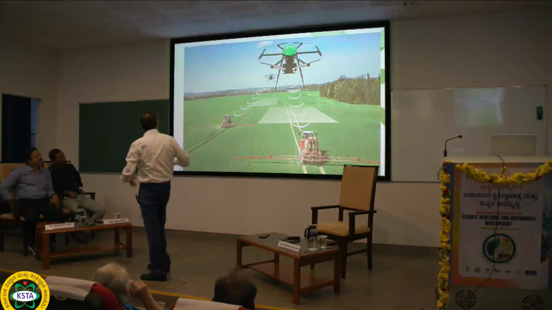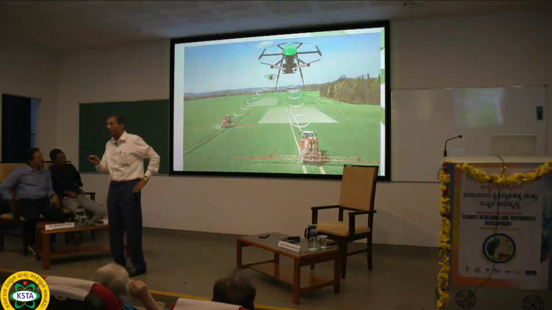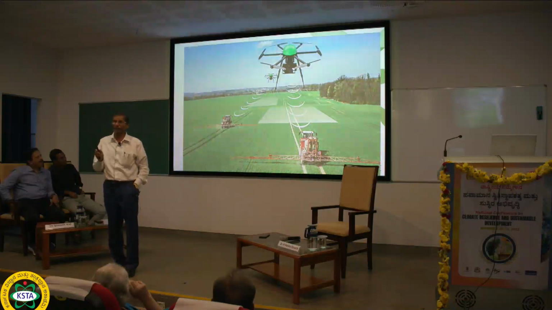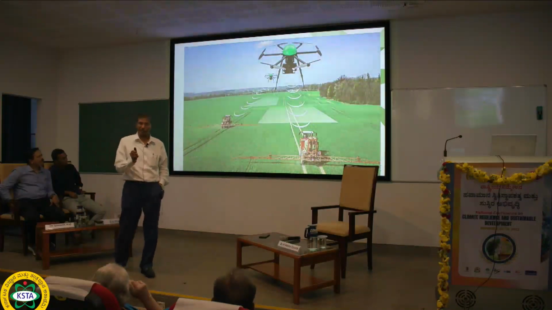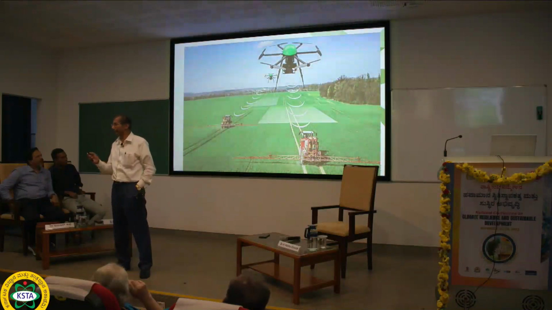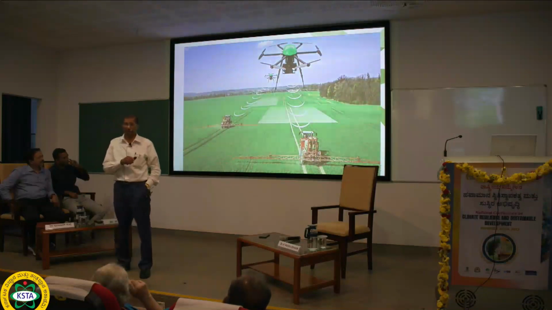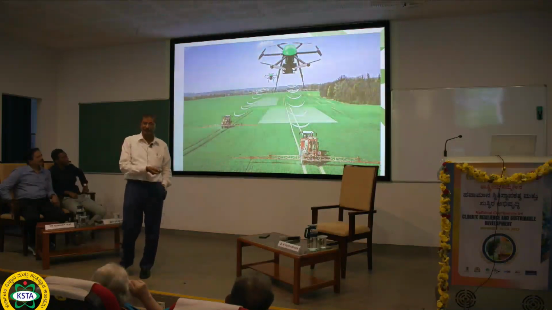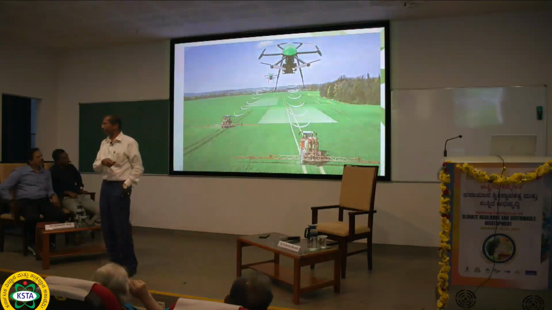See, in fact, one of the biggest applications of drone in India is crop spraying. Today, our crops are affected due to a lot of climatic variations. The pests and diseases are increasing, pathogens, weeds. There are so many other issues.